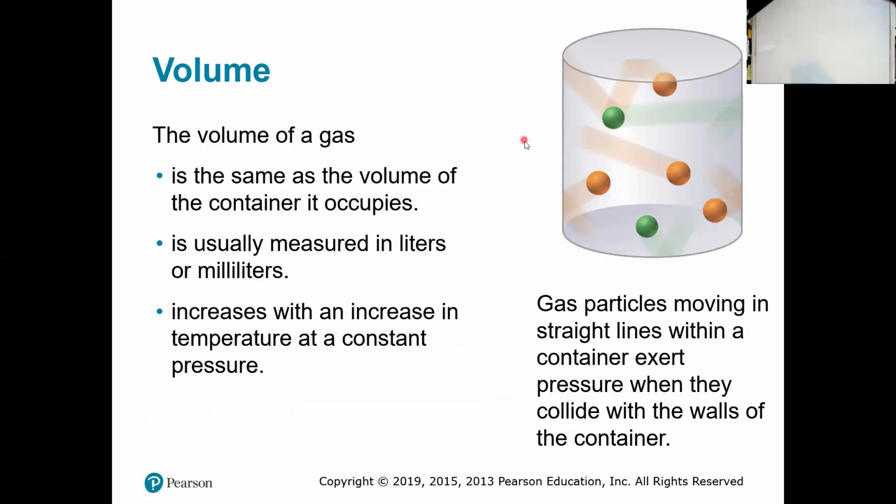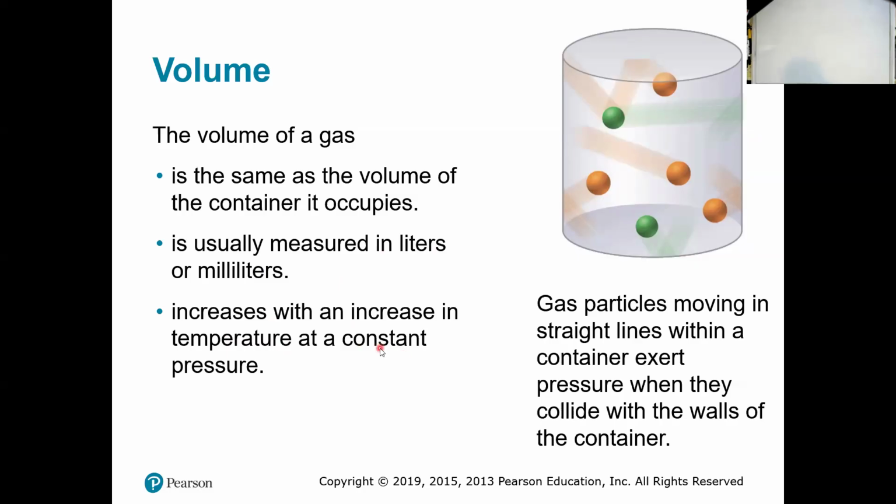Volume of the gas. When we talk about the volume of the gas, we're talking about the volume of whatever the container is that the gas occupies, measured in liters and milliliters. And what we're going to see is that the volume of a container that's holding a gas is going to increase if our temperature increases, as long as our pressure stays constant, right?